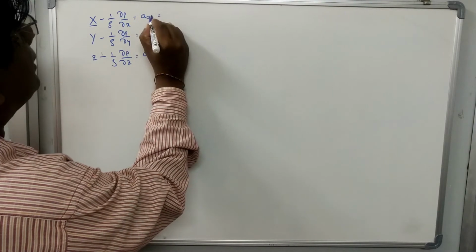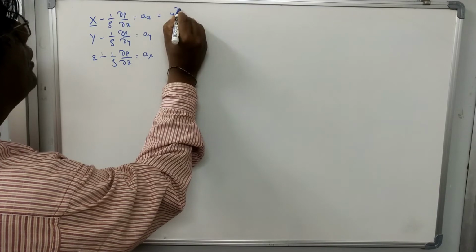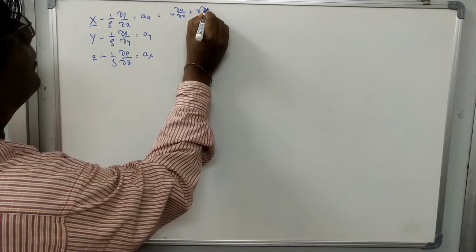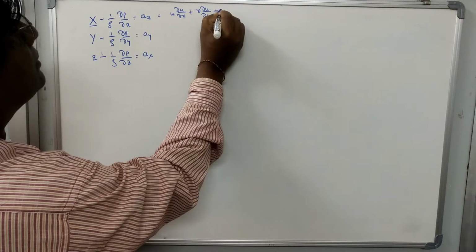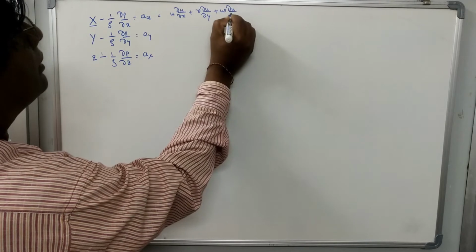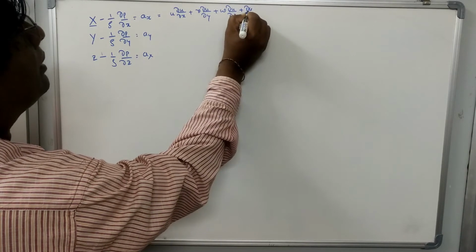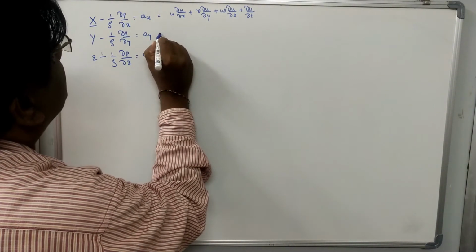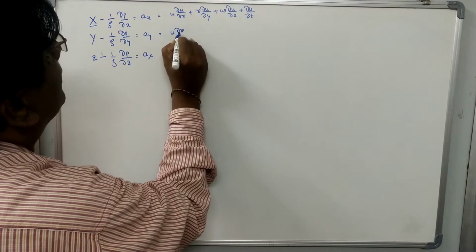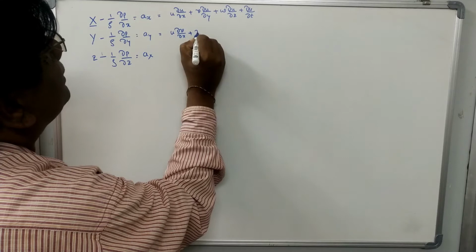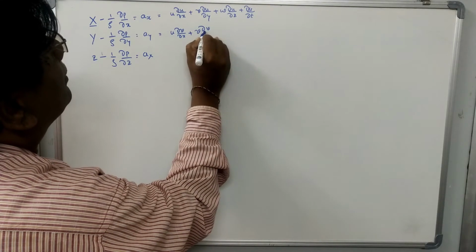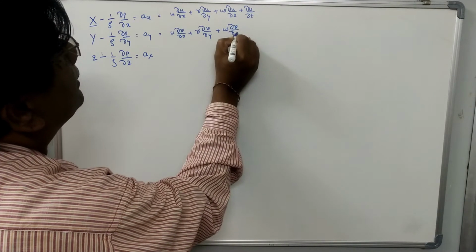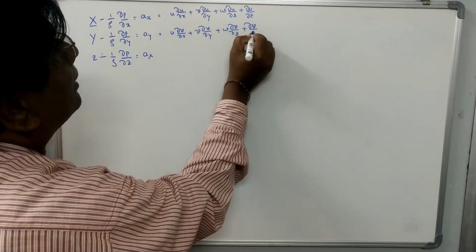We also know that acceleration ax is equal to u ∂u/∂x plus v ∂u/∂y plus w ∂u/∂z plus ∂u/∂t, for steady and unsteady flow. This we have also derived. Similarly, ay is equal to u ∂v/∂x plus v ∂v/∂y plus w ∂v/∂z plus ∂v/∂t.